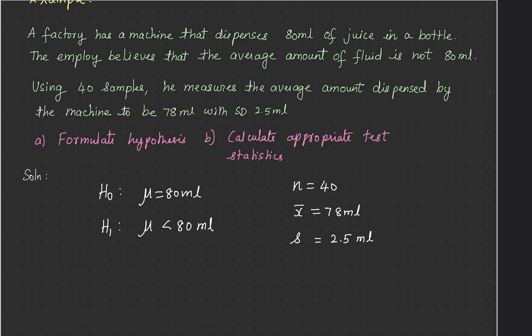We have this information, and I need to find the Z value. We see that n is sufficiently large. Therefore, the distribution of x bar is approximately normal.